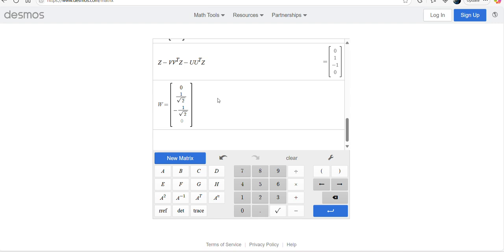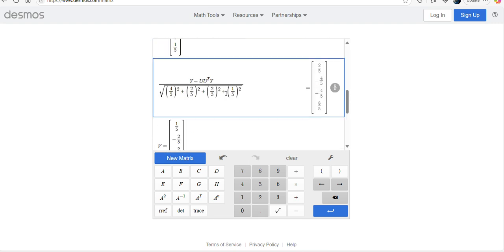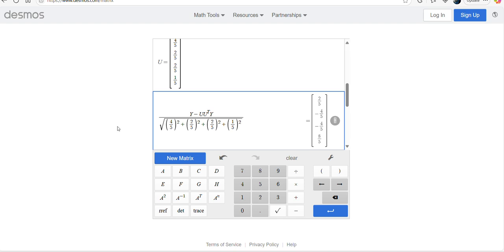Okay, so the y minus the u transpose y, that's the p1, the projection. But then we have to normalize that, and somehow just taking that over the square root is the same as normalizing it.